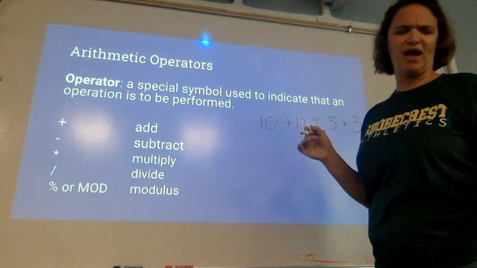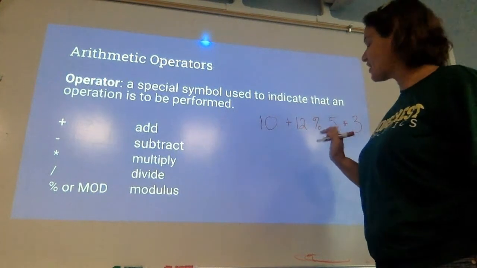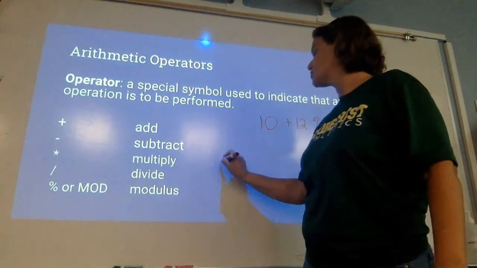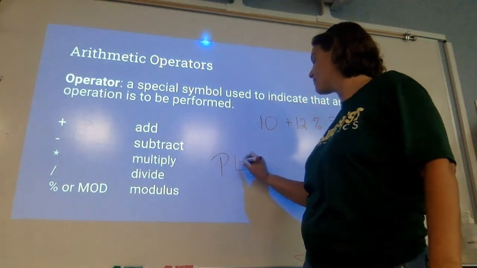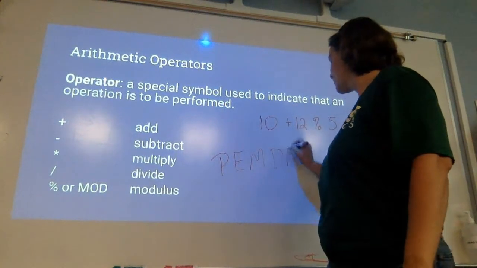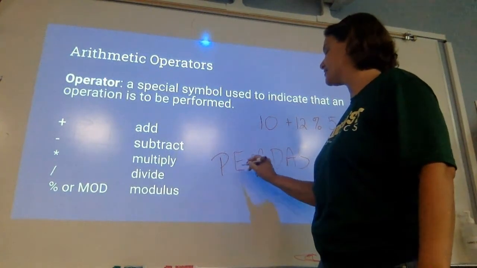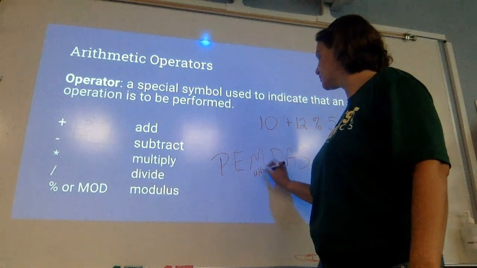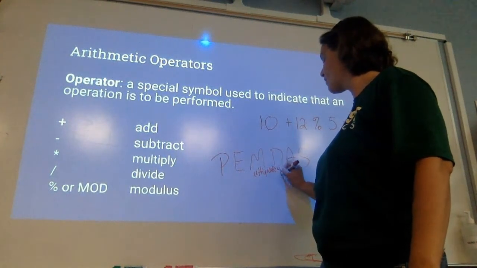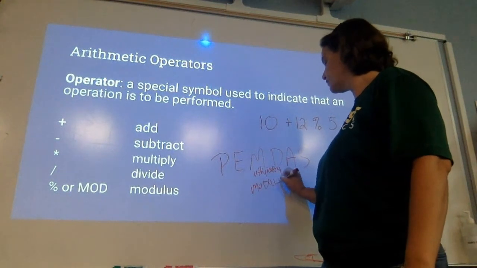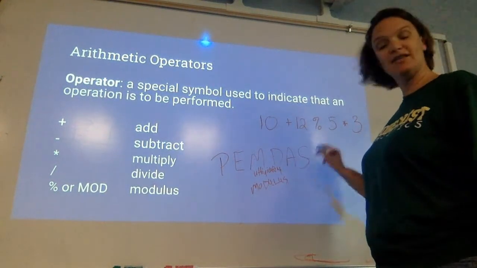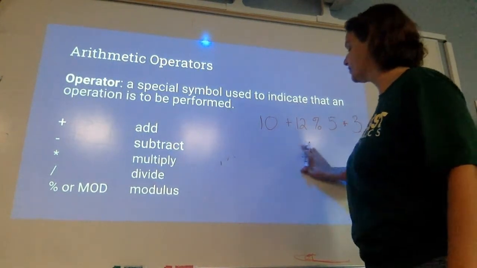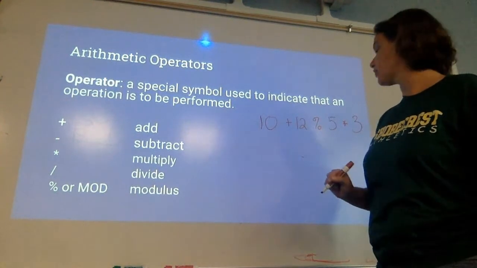How do I know what's right? Multiplication, division, and modulus are all at the same level. If I was to rewrite PEMDAS, I could say this was for parentheses, this was for exponents, this was for multiplication or modulus, then I can do division, addition, and subtraction. So modulus falls in the same place as multiplication in the order of precedence.